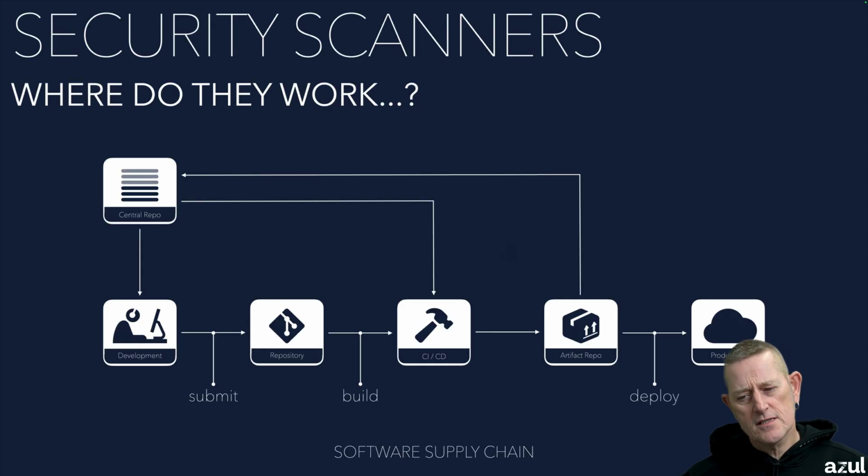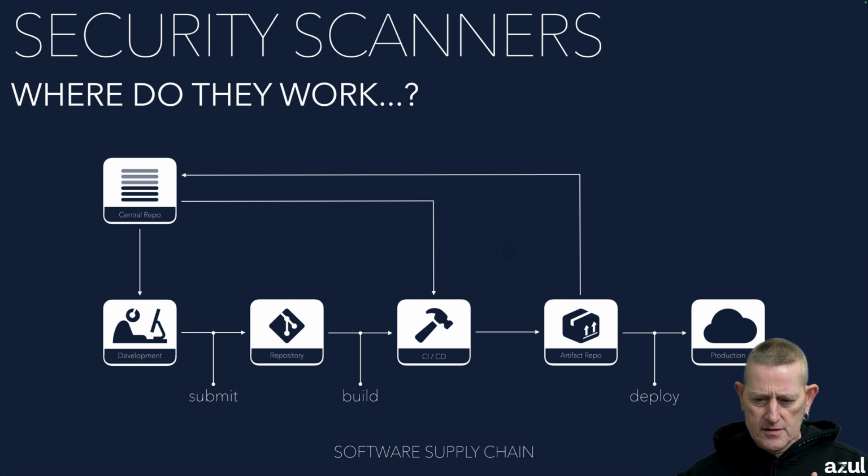If this is the software supply chain, then usually, as you can see, we have development. This is us, the developers, and then we pull in the data from a central repository, like Maven Central, for example. Then we push our own code into our own repositories, and then we build it using a CI/CD build system, and then we create artifacts that we store in an artifact repository, and then finally it gets into production.